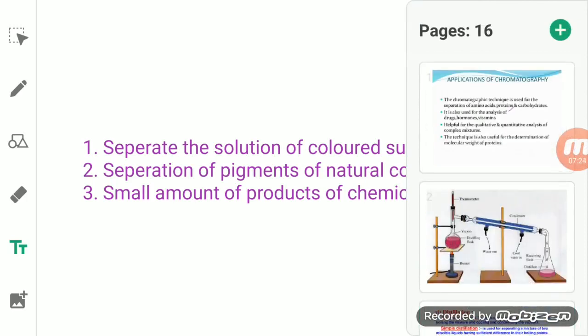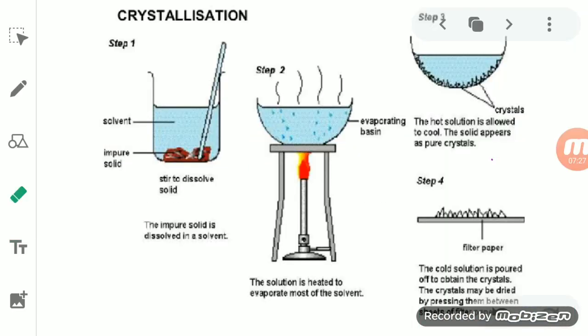Now we will come to the next separation technique, that is crystallization. See, students, in the process of crystallization, here also we are separating a solid component from a liquid one. It is a process of cooling a hot concentrated solution of a substance to obtain crystals, and this is called crystallization.